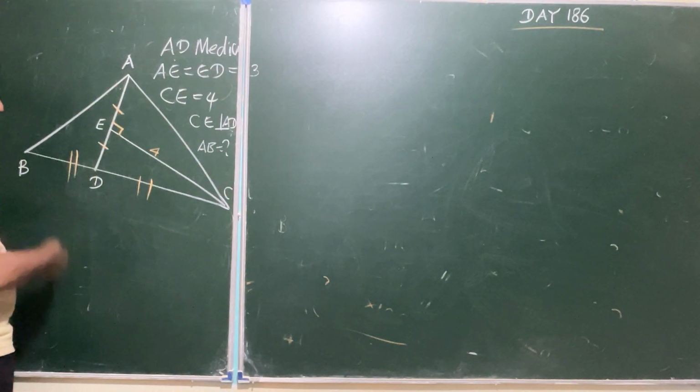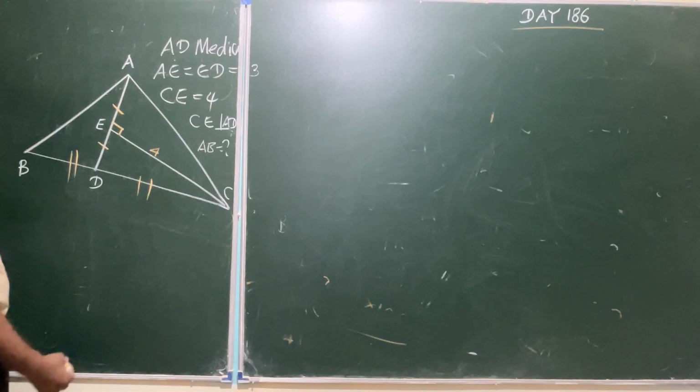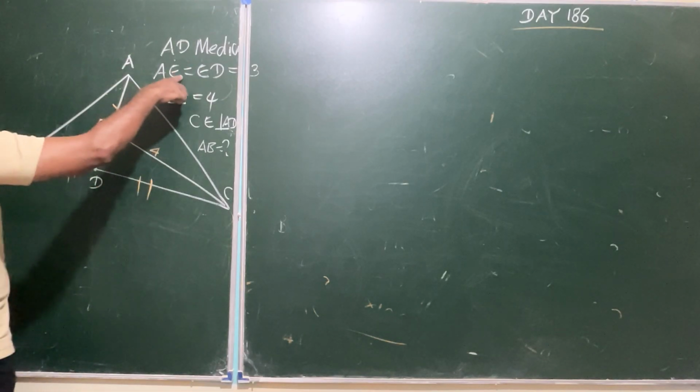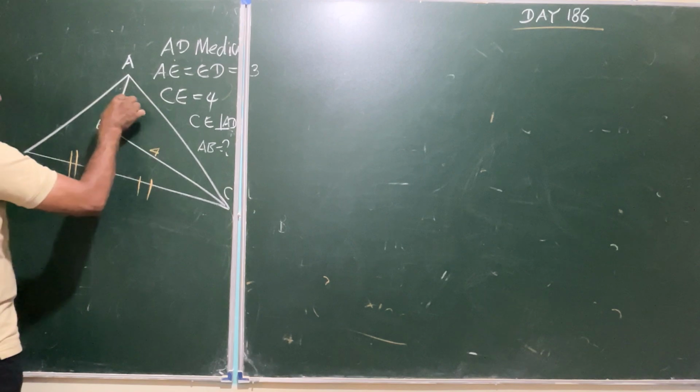Therefore, make a median. Okay, that's right. So AE equals ED, which is 3.